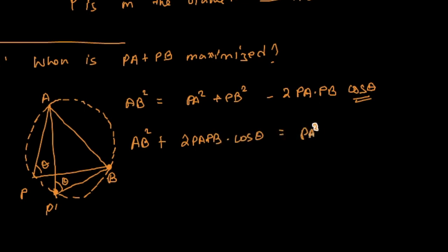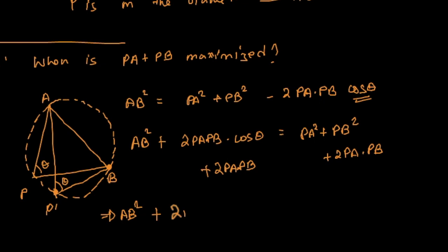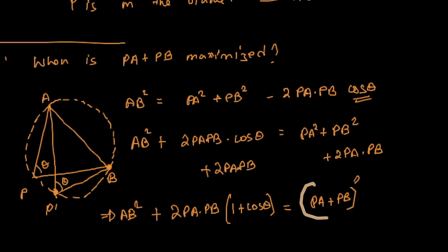This is equal to PA square plus PB square. Now we can add twice PA times PB to both sides. So what do we have? We have AB square plus twice PA times PB times 1 plus cosine of theta is equal to PA plus PB whole square.